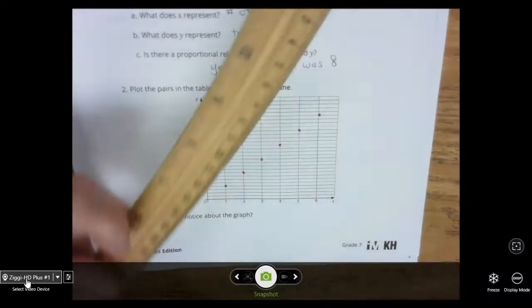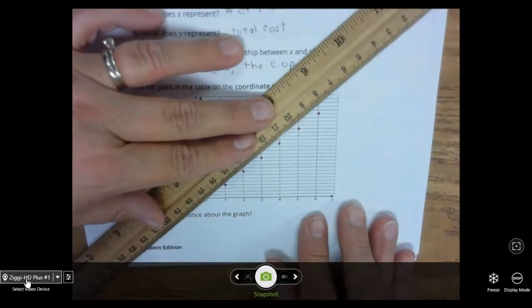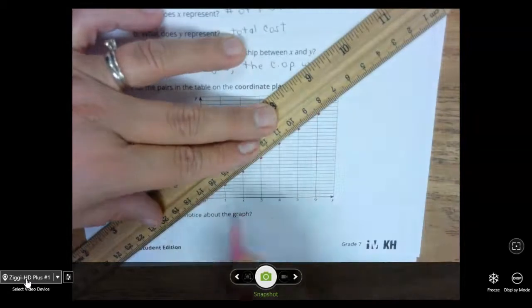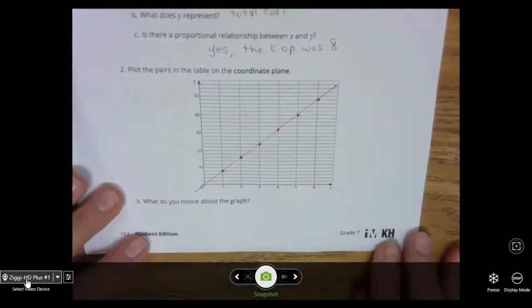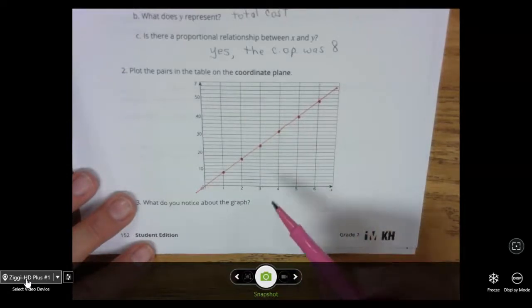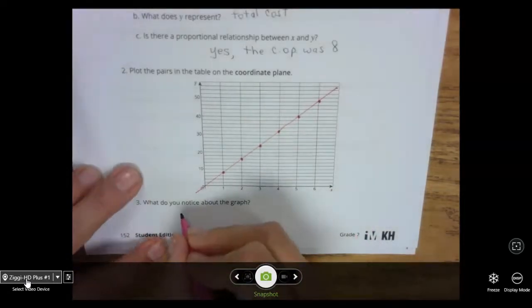And again, if I connect these points, what are some things that I notice? Well, we know this was a proportional relationship. So again, we have a straight line.